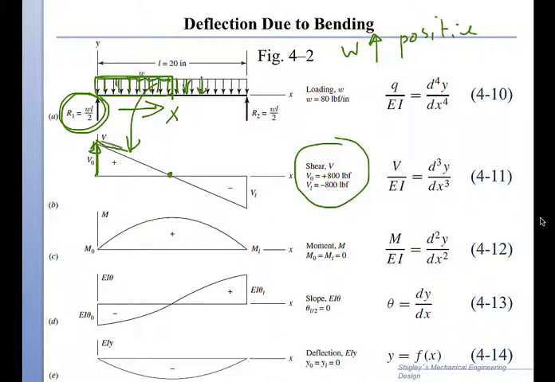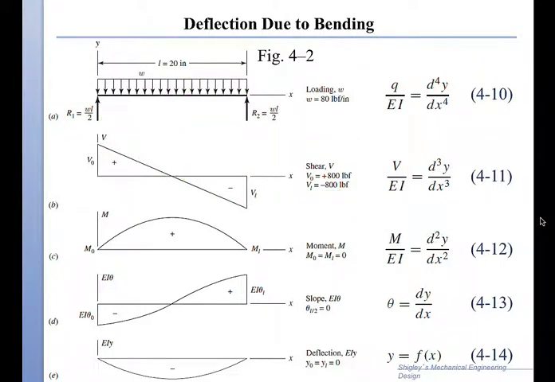So the straight line will decrease until it hits 0, and we keep adding this part of the distribution of the load, which is again negative. The integration of a uniform load is a straight line, and again it reaches the value of V1, which is minus 800 pound force. So we have reached an understanding of how to find the shear force diagram.